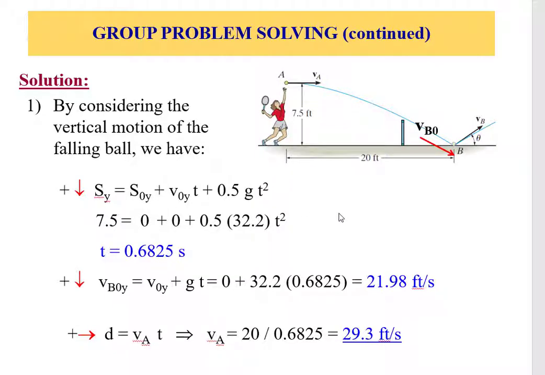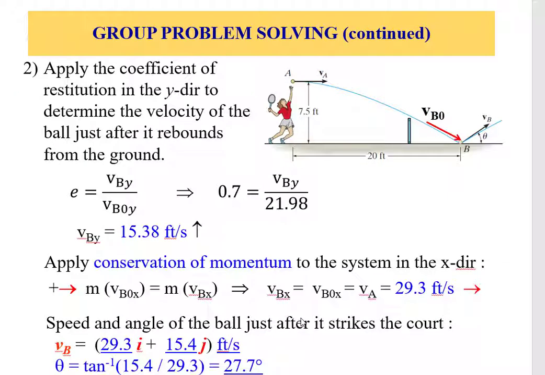Make sure that you properly define the line of impact, and also calculate the flight time, which here is 0.68, and then knowing the distance, you can calculate the VA simply because there is no acceleration in the horizontal direction. And then you can apply the coefficient of restitution.